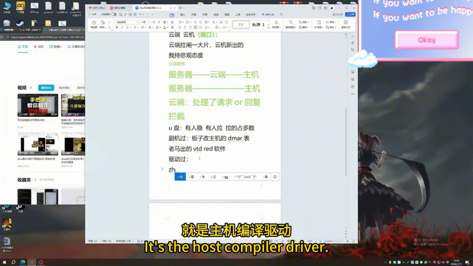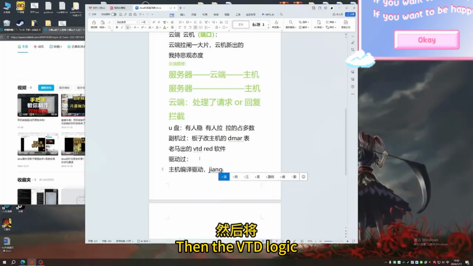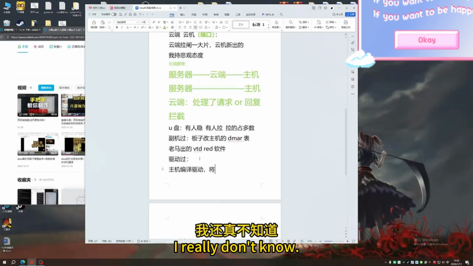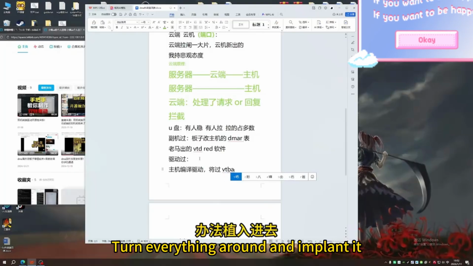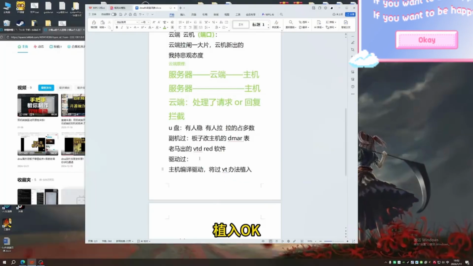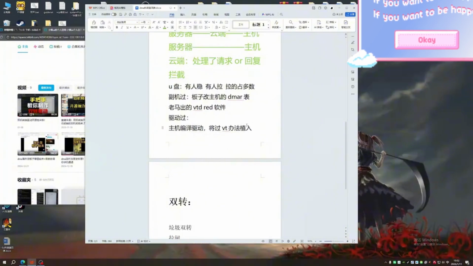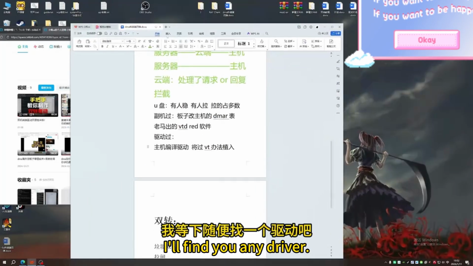It's the host compiler driver. Then the VTD logic. What specific logic did they implement? I really don't know. Insert the VTD method into it. Turn everything around and implant it. Implant it, okay. This also involves signing. So, the signature. I'll find you any driver.